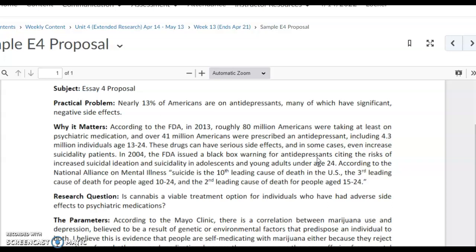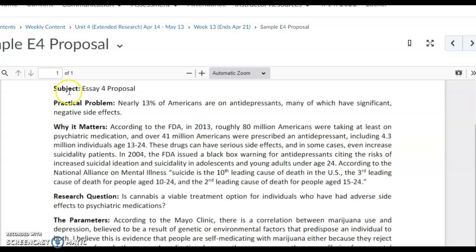A meme made this claim. She started investigating a little bit, was able to answer that question broadly, but really wanted to dig in and actually do a full research project about what the research on marijuana as a treatment for depression and anxiety actually says. So this is her proposal.